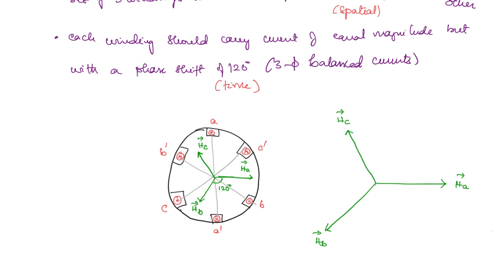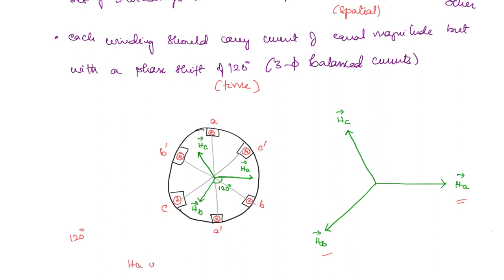Now in addition, what is happening? The HA bar is produced by the current flowing through the coil A, and HB bar is produced due to the current flowing in coil B. Now the currents between A and B have a phase shift of how much? 120 degrees. So similarly, HA and HB will also be at a phase shift of 120 degrees, right?